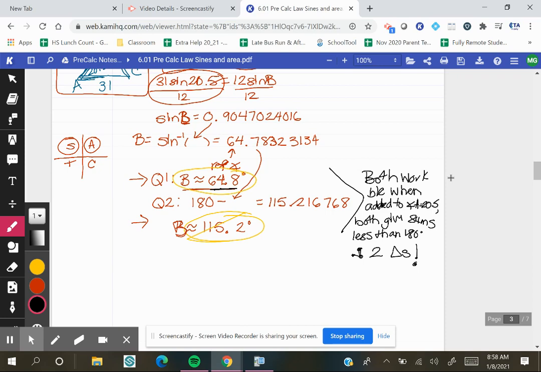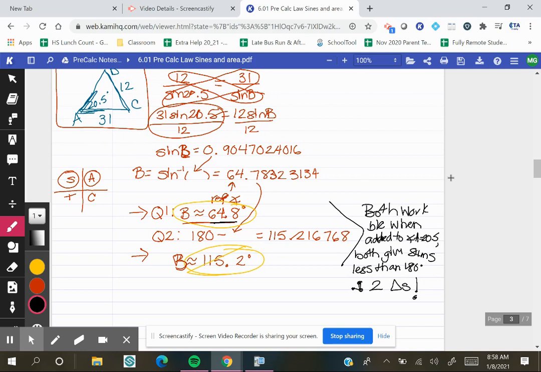There's two triangles. If only one of them worked, so let's say angle B here, in quadrant 2, caused our triangle to be, when we added it to 20.5, 190 degrees, well, then we would have no room for a third angle, so we would reject that one, and we would have only one triangle possible.